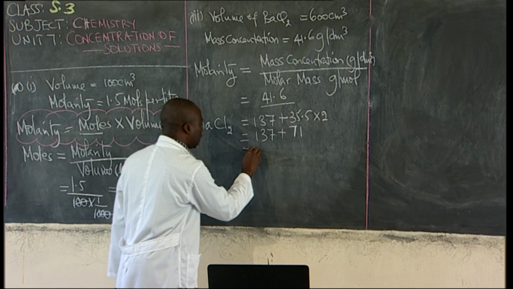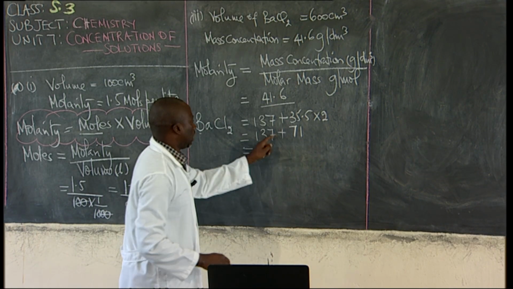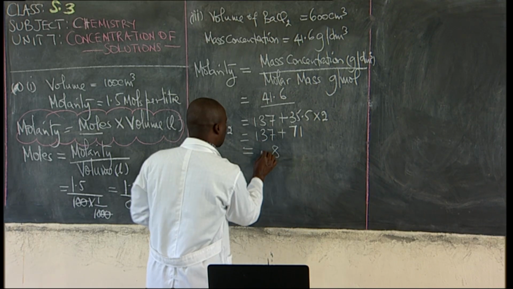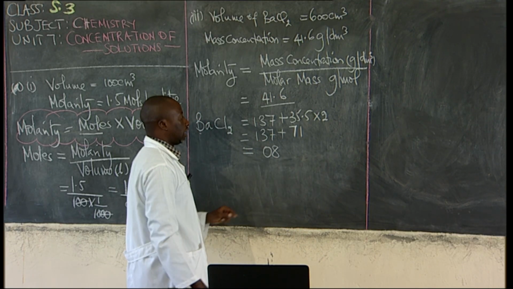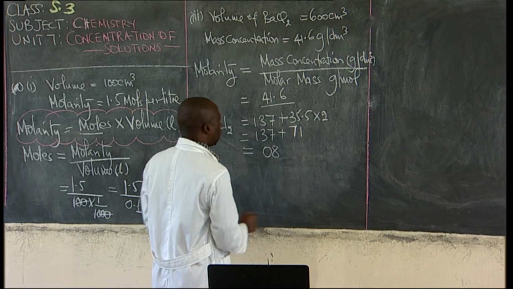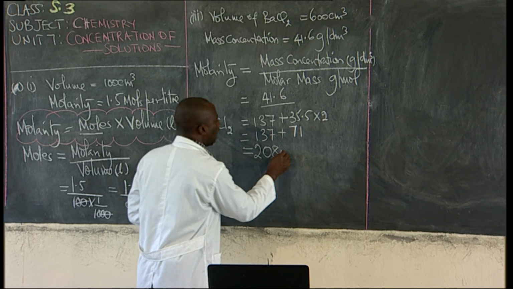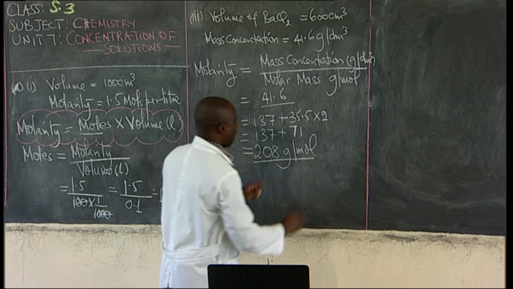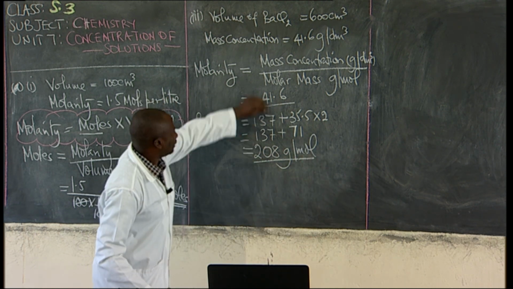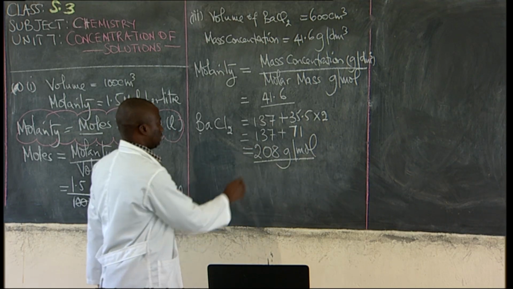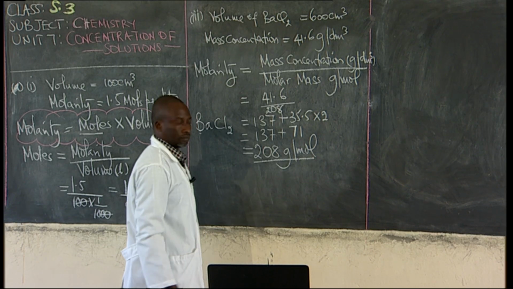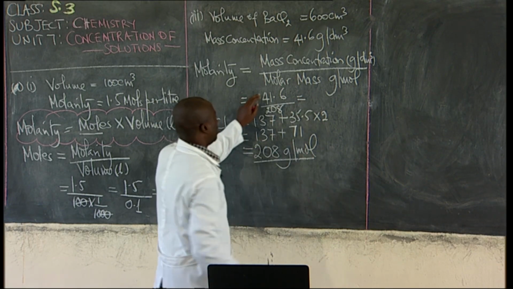When you add that, 7 plus 1 is 8, you add 3 and 7, that is 10, then you remain with that one plus 1. That is 208 grams per mole. So after getting the molar mass, we divide by 208.